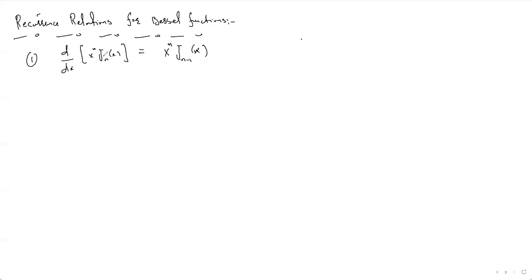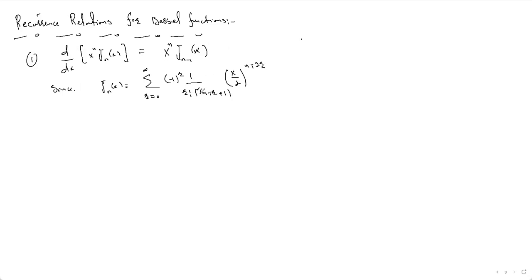We are going to find the derivative of a function, the Bessel function of the first kind, multiplied by x raised to power n. Again I will start with the Bessel function that we already know: Jn of x is equal to summation r running from 0 to infinity, minus 1 raised to power r, 1 divided by r factorial gamma of n plus r plus 1, into x by 2 raised to power n plus 2r.